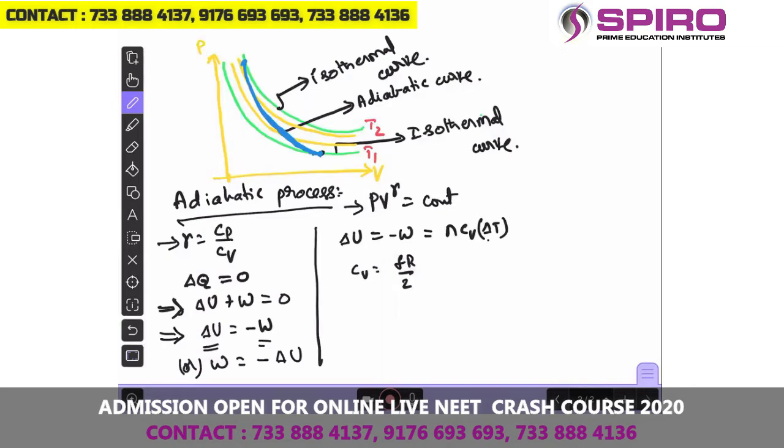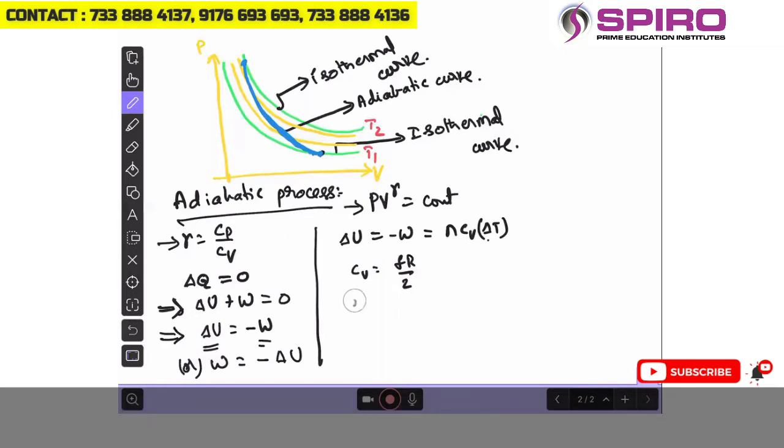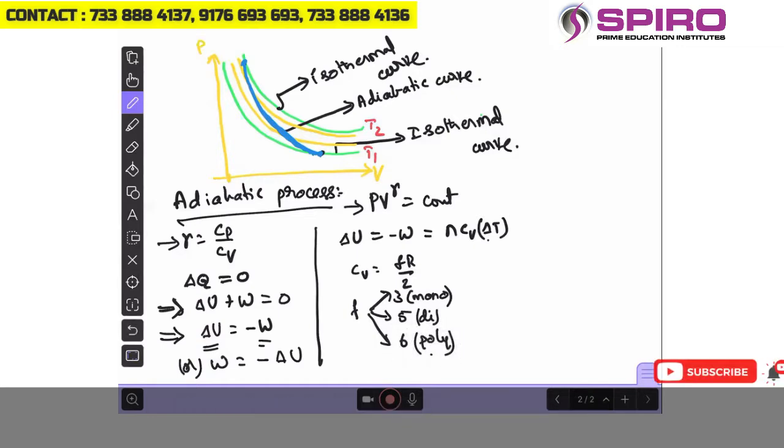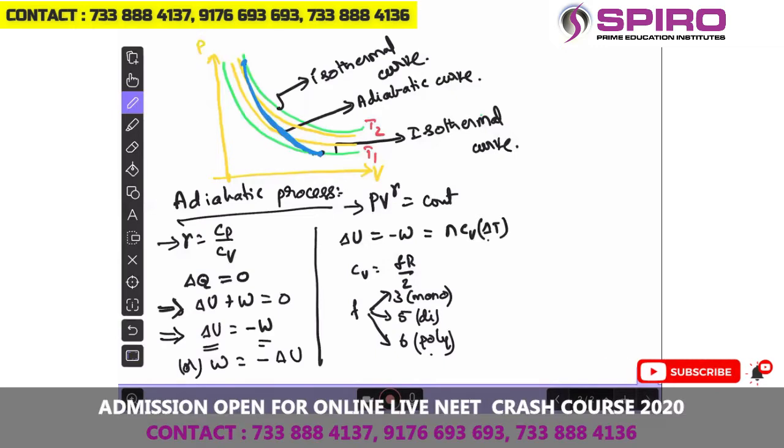The degree of freedom is different according to the atomicity. The f value will be 3 for monoatomic gases, 5 for diatomic gases, and 6 for polyatomic gases at ordinary temperatures. At very high temperatures, 2 degrees are additionally added to the degrees of freedom. That point we know.